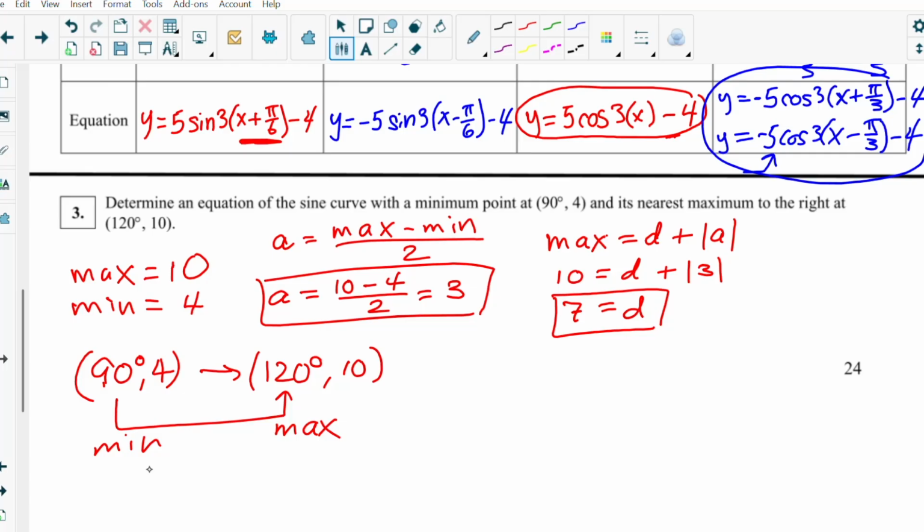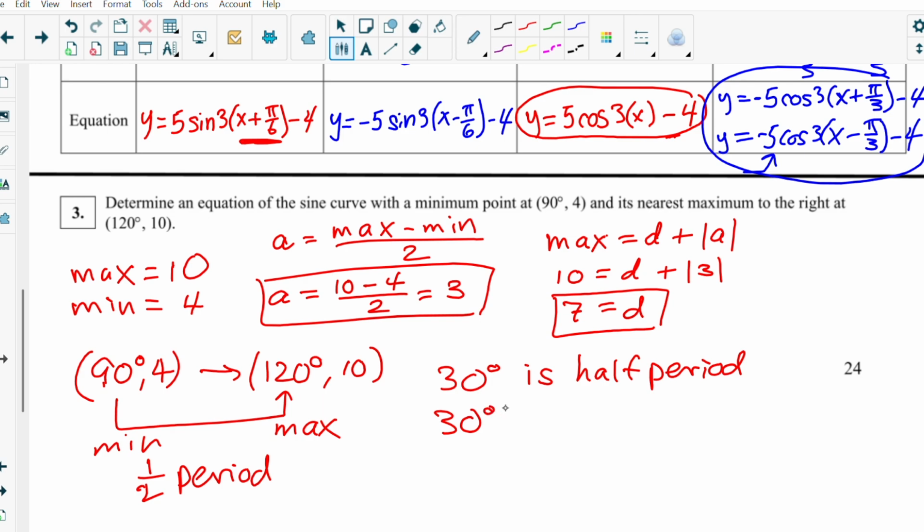Min to the max, this would be half period. Okay, so if 30 degrees is half a period, what is a full period? 30 times 2 equals 60 degrees is a full period. Okay, so 60 degrees is full period.